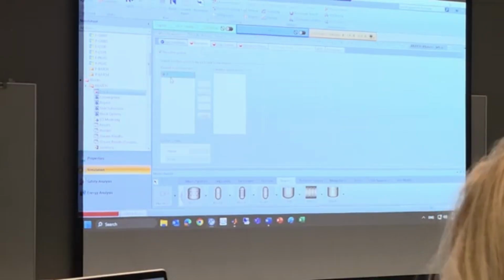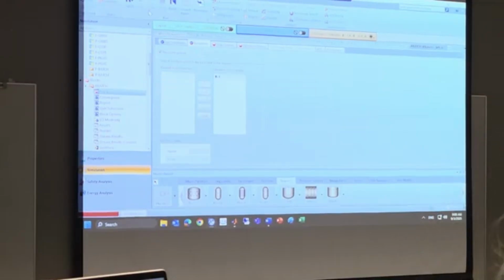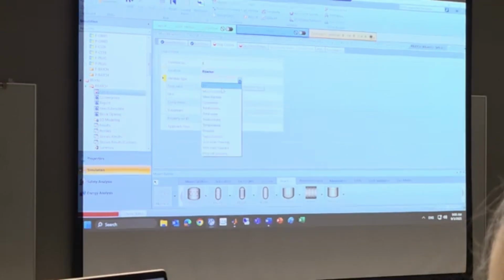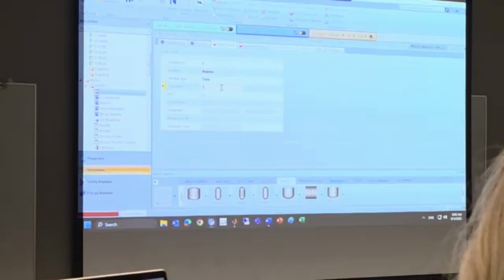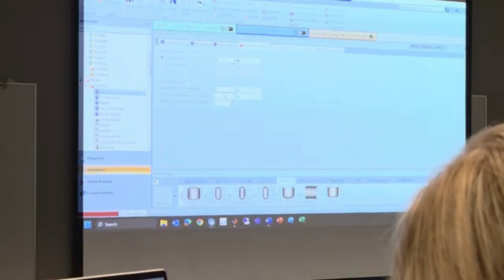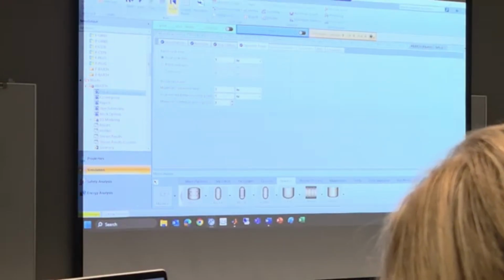Now, if you look at the reaction, you find the reactions you can choose. Start criteria: we have criteria number 1, location reactor, variable type, maybe time, how long, maybe stop value 1 hour. Just put any number here, just for your practice. Maybe choose 1 hour.